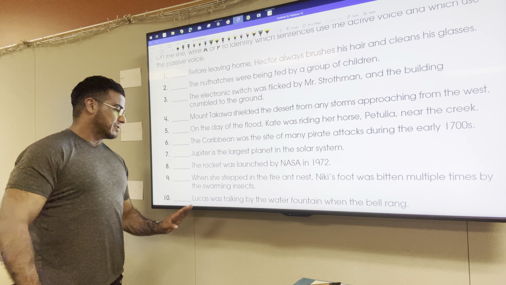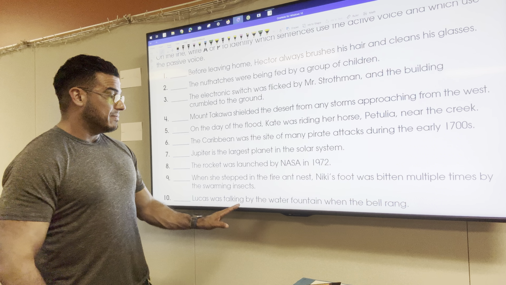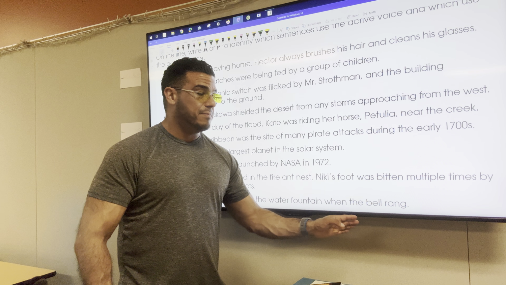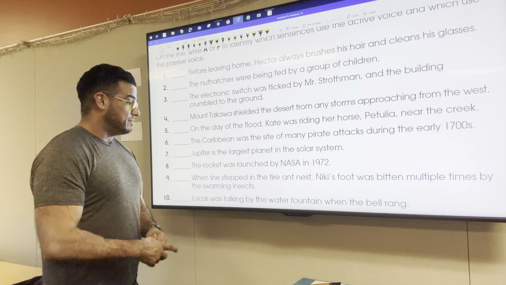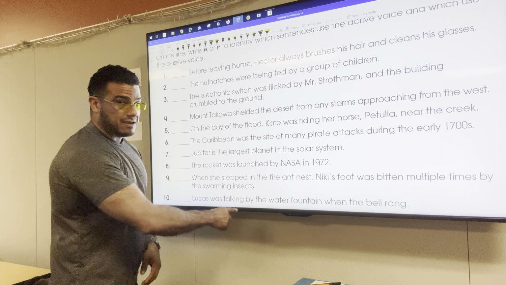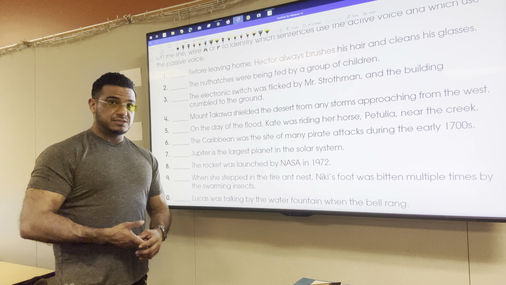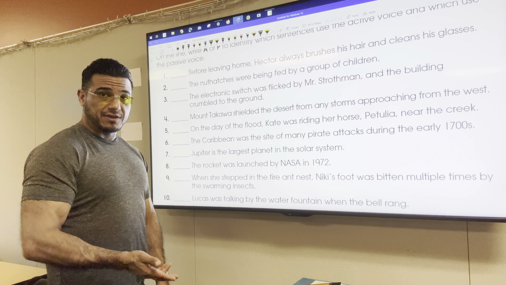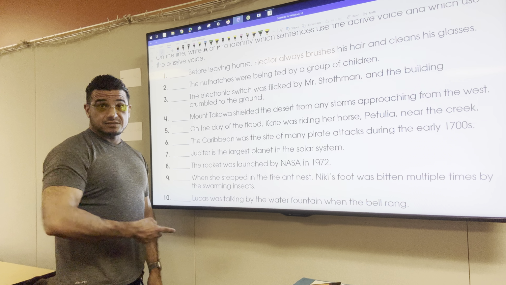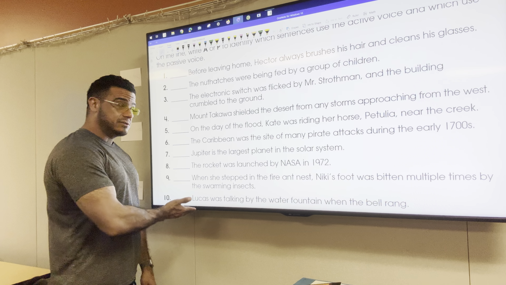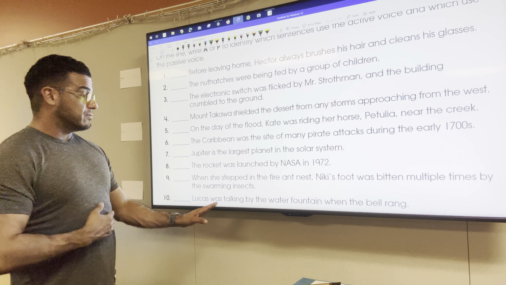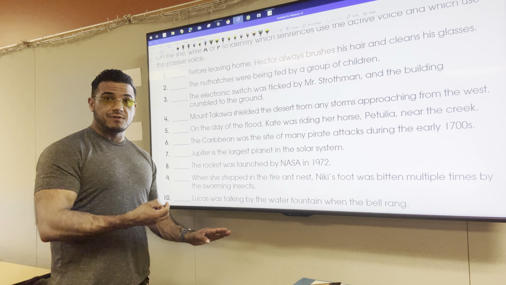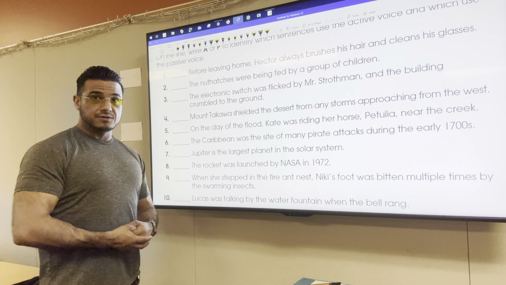And final sentence number 10, Lucas was talking by the water fountain when the bell rang. Now, don't be fooled. Even though it says by, a preposition, that doesn't necessarily mean it's attributing the action to something else. In this case, it's just used as a preposition to tell you where Lucas is. Now, Lucas is the one talking, so he's directly involved. Therefore, it's an active voice sentence.